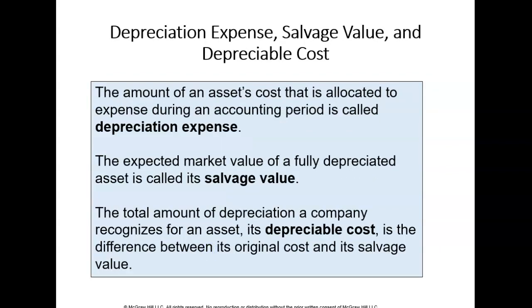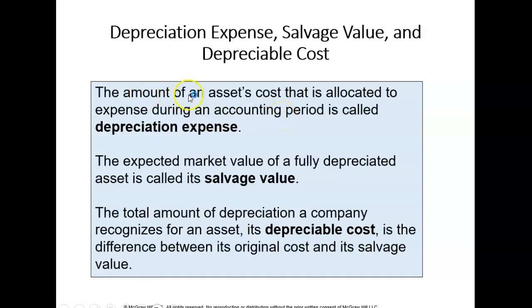Okay? So, this term depreciation is a term that you've heard before. But what is depreciation? I'm glad you asked that question. It is, pay attention, the amount of an asset's cost that's allocated to an expense during an accounting period.